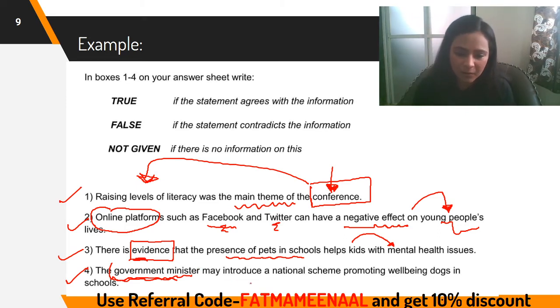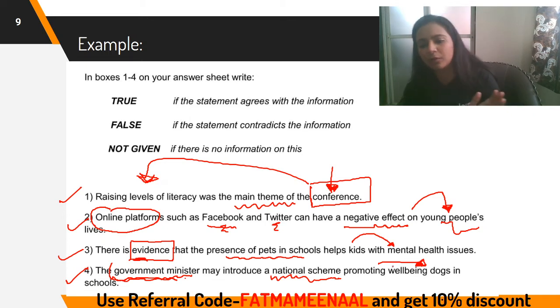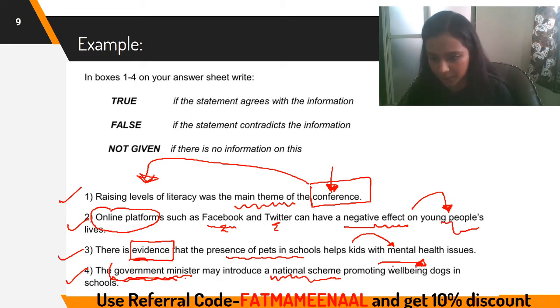But they're talking about bringing up a national scheme, right? So the minister is planning to bring out a national scheme which will be promoting something, right? So first I'll be checking if the government minister is actually planning to introduce it or not, and if they are planning to introduce a scheme, are they actually planning to promote this particular information or not?